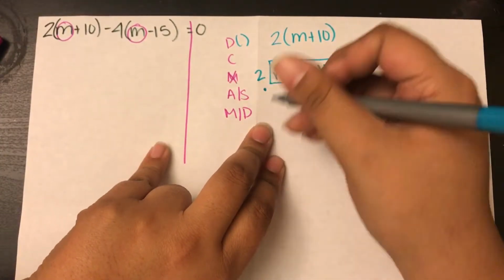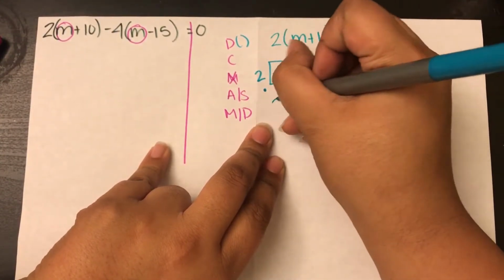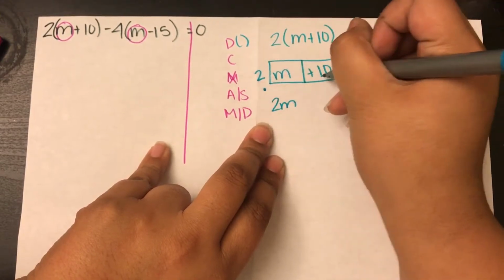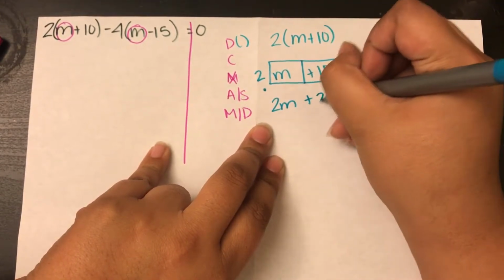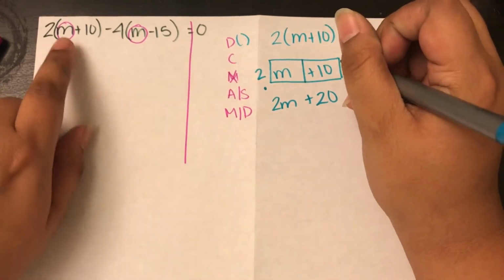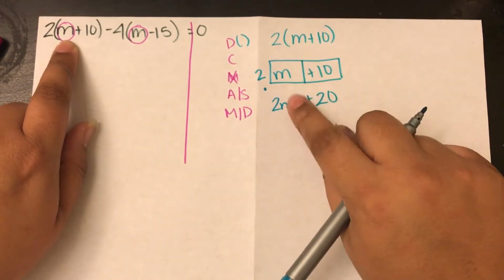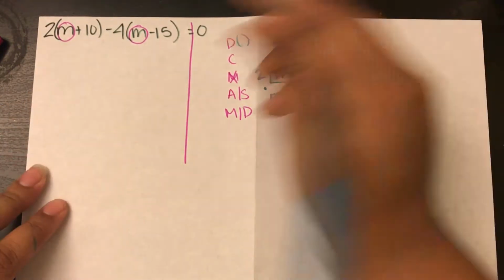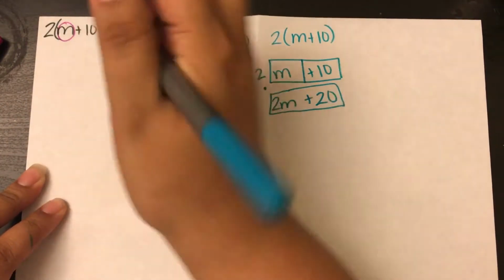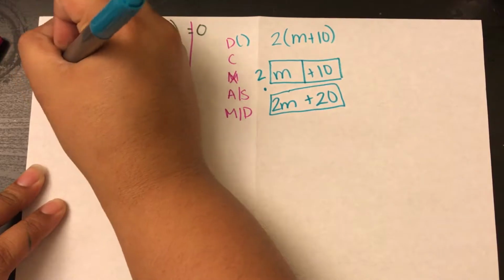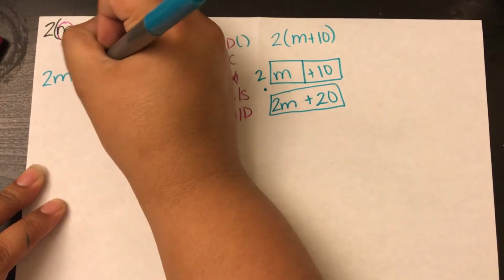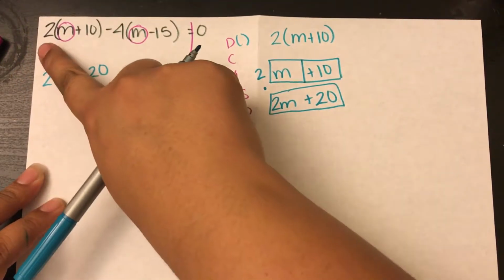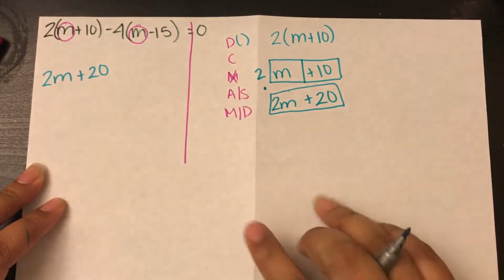To get my answer, all I have to do is multiply. 2 times m is 2m. 2 times 10 is positive 20. So I'm going to replace what I have here with what I have right here, because they are equivalent. So instead of 2 times m plus 10, I'm going to write 2m plus 20. And all I did was distribute that 2 to both of the terms inside.